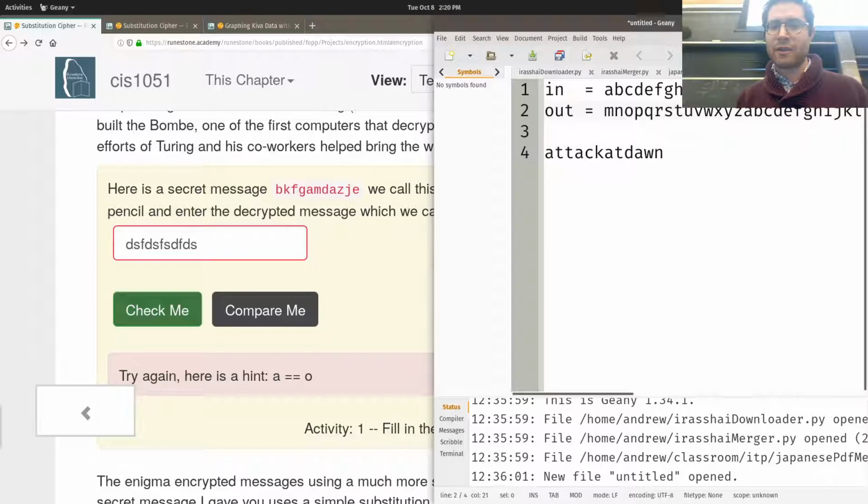P going to B is in to out, from plain text to ciphertext, as we call it. Here it's saying that the A in the ciphertext is an O in the plain text. Plain text being the plain stuff you can read, ciphertext being the scrambled stuff.